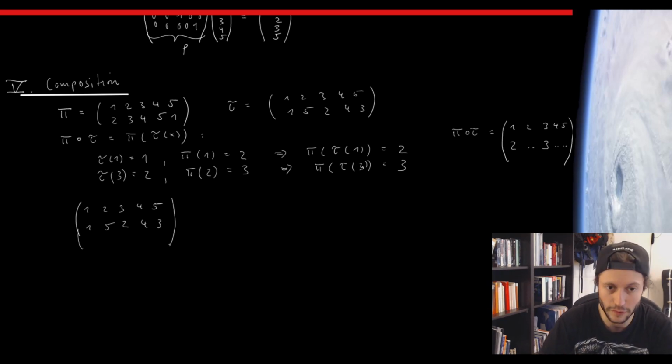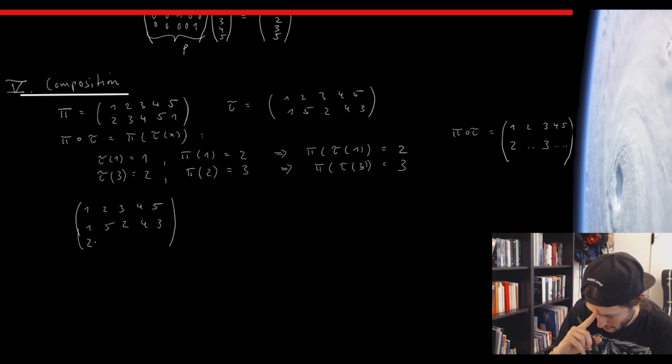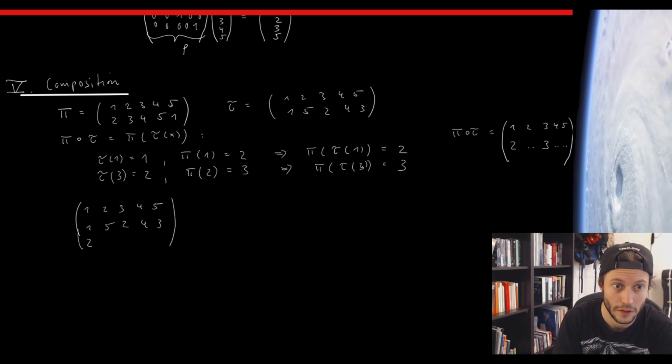But now you have to be careful. For the 1 it's easy. The 1 gets mapped to the 2. But here you have to pick the 5. Look at what happens to 5. It gets mapped to 1. And put this one in. What happens to a 2? It's a 3.